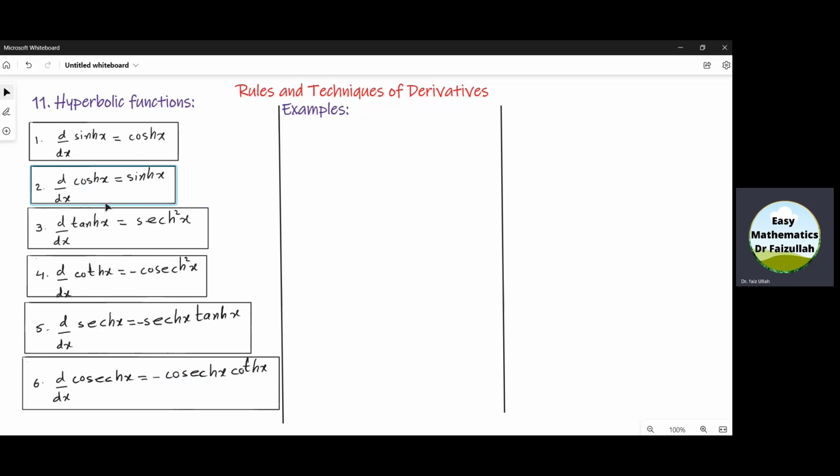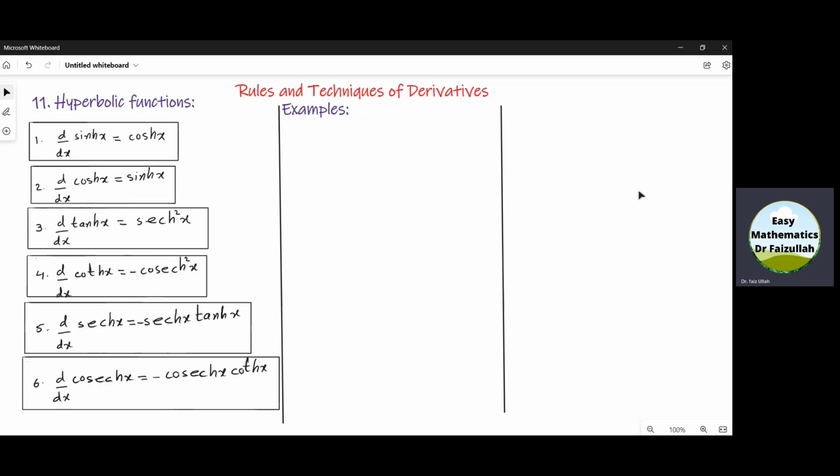The difference is that with all the original function, just like sine, cos, tangent, there is no negative sign. There is positive sign. But with each of the inverse function, just like cotangent, secant, and cosecant, with their derivative, there is a negative sign.